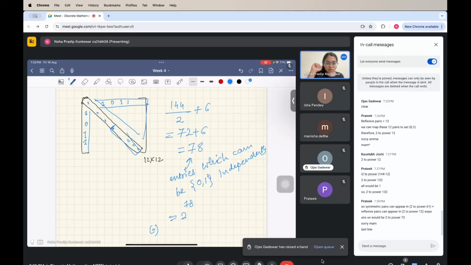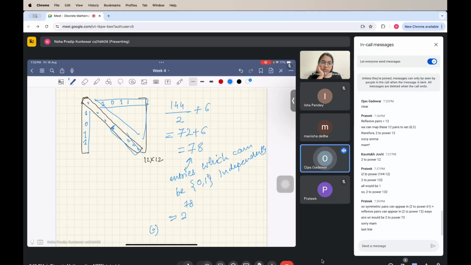Okay, Ojas has a question. Please go ahead. Ma'am, why did we add the 6? Okay, so when I count 144 divided by 2, let me write this.